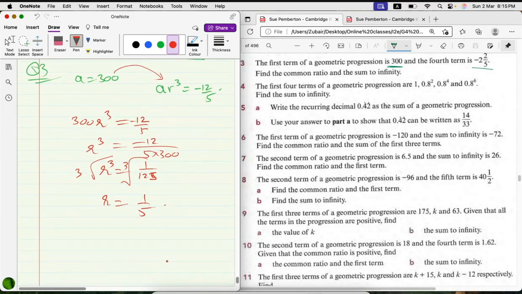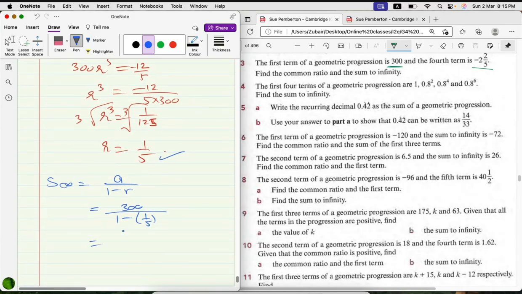Now we have a, we have r. Sum to infinity would be a over 1 minus r. So a is 300 over 1 minus 1 over 5, which is 375.